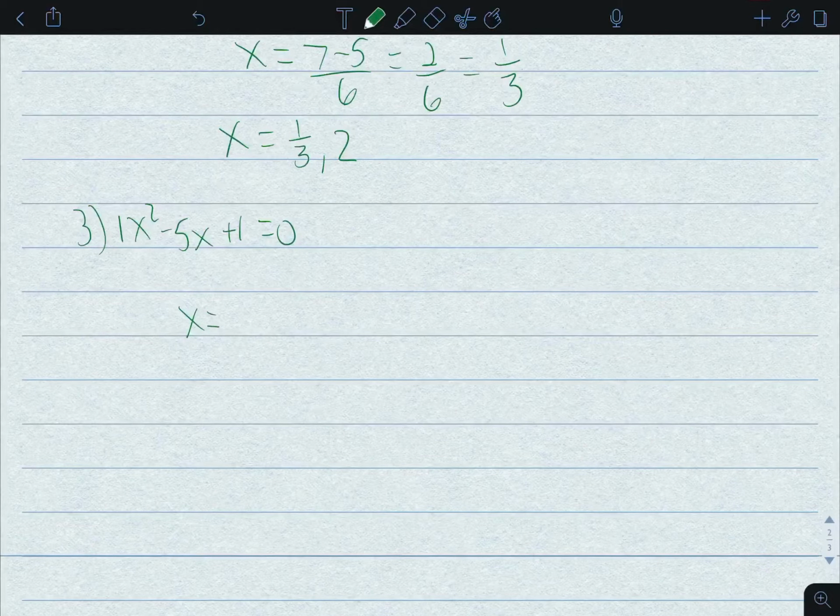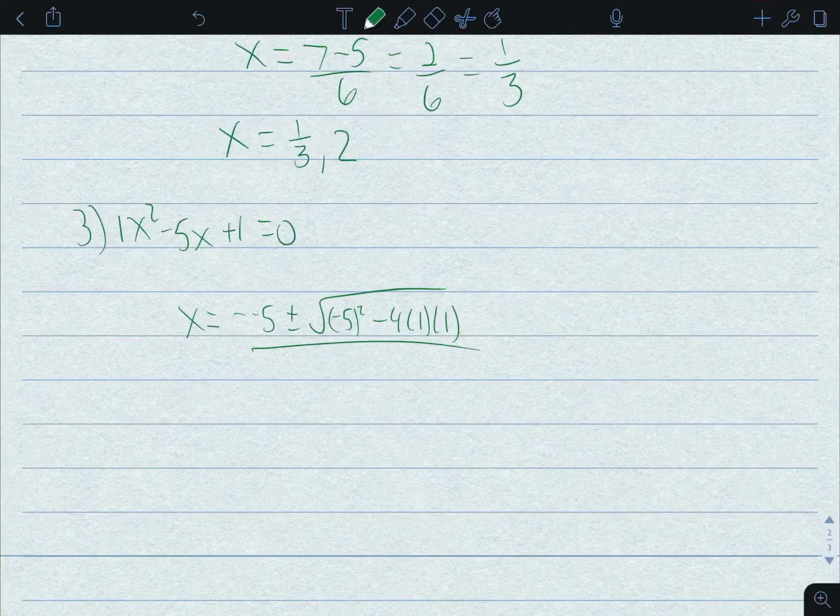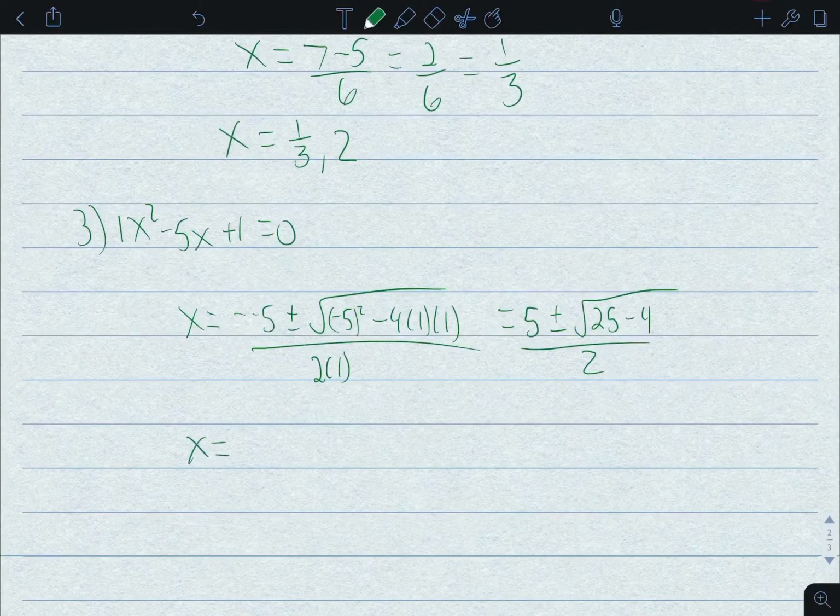So x equals negative negative 5 plus or minus the square root of negative 5 squared minus 4 times 1 times 1, divided by 2 times 1. Simplify. 5 plus or minus the square root of 25 minus 4, divided by 2. X equals 5 plus or minus the square root of 21 over 2.